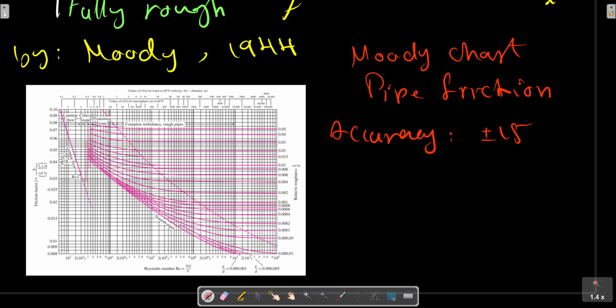The previous equation for friction factor and Reynolds number is complicated to evaluate for f as a function of Reynolds number and epsilon over D if known.